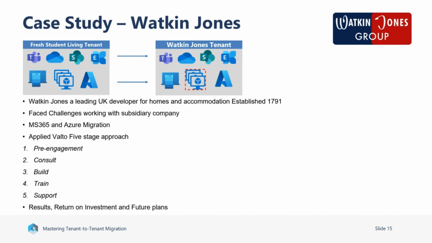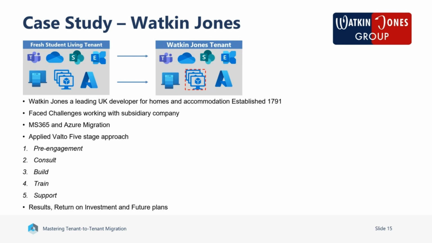SharePoint information was difficult to browse and access securely across the two tenants. Collaboration on Teams between both organizations was quite cumbersome. It wasn't a good experience for the users. User management and general tenant administration was very inefficient with different practices established across both.